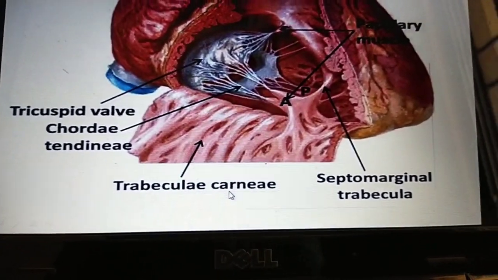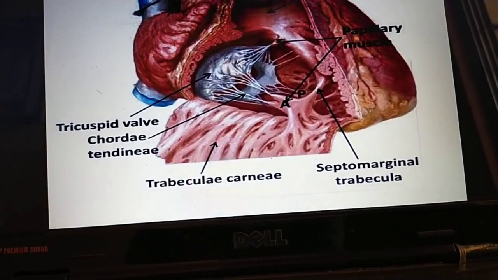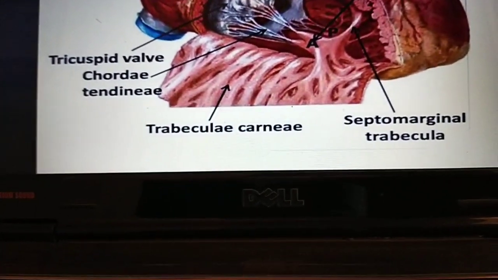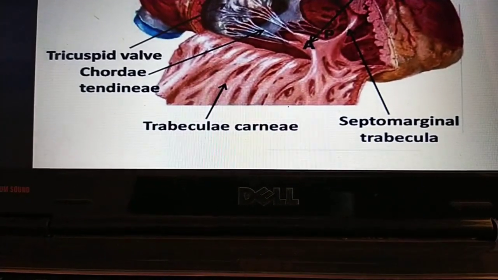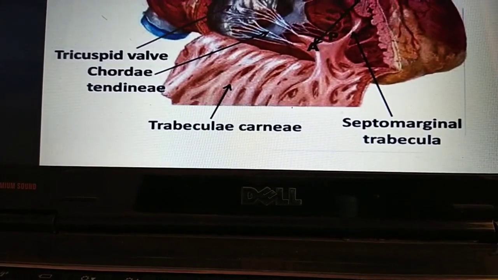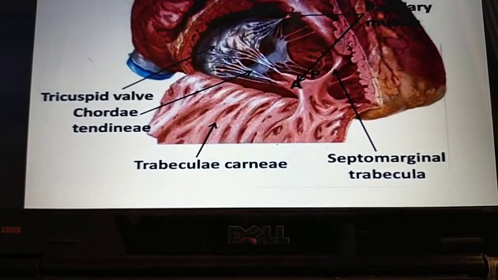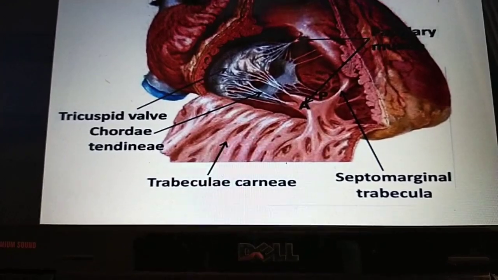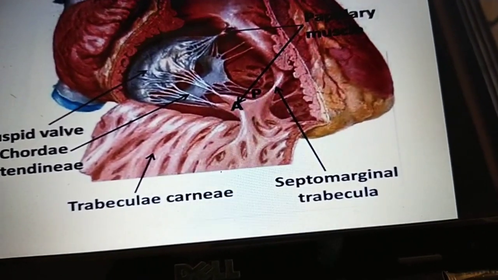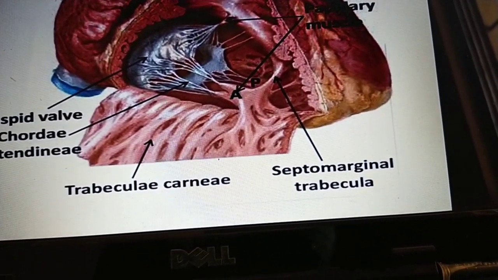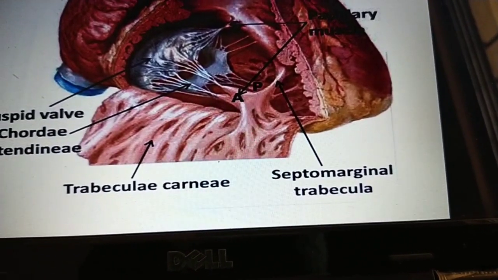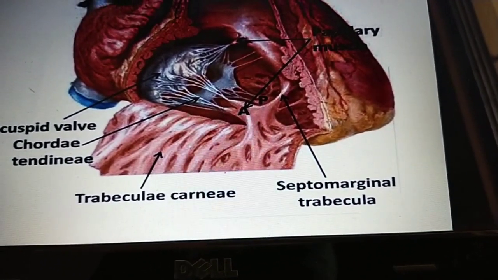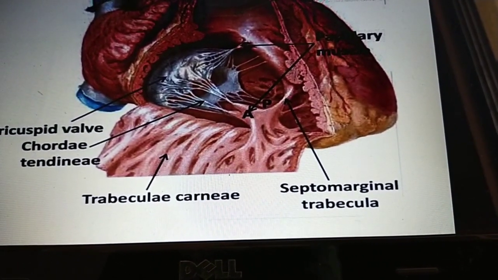Then what is meant by trabeculae carneae? The word meaning of trabecula is column. The word meaning of trabeculum is a group of partitions formed by the bands or columns of connective tissue.